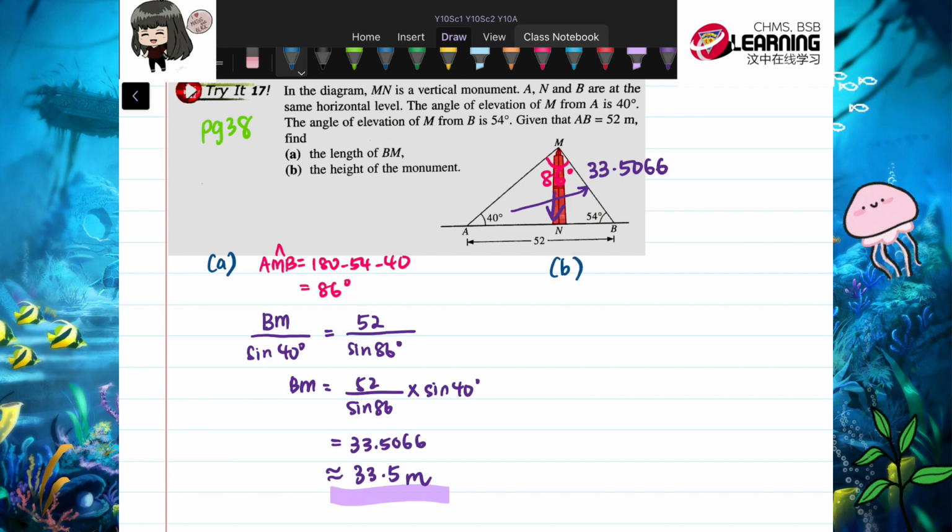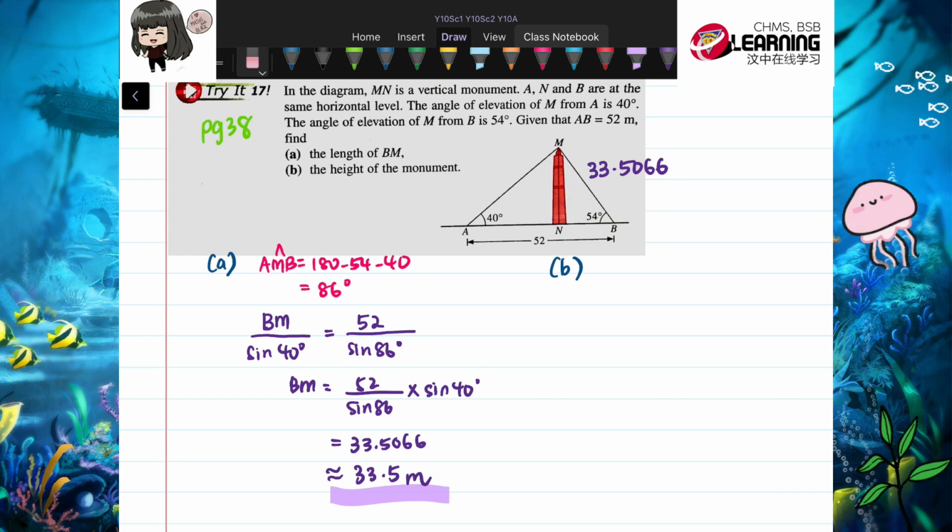The height of the monument. Okay, so the height of the monument here is this height here, and it forms a 90 degree because this monument is straight vertical up. To find this height of the monument, I put it as h.